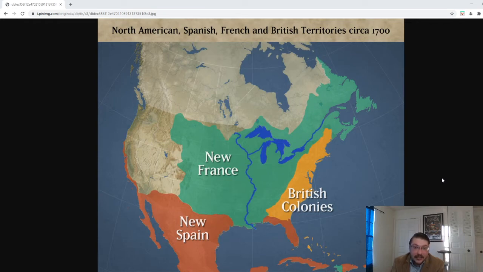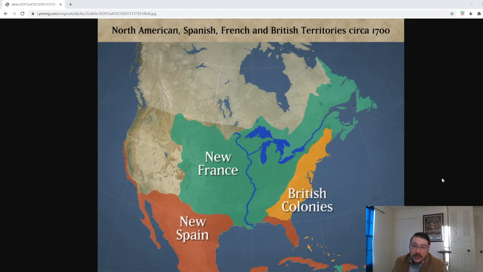And they also were keen on controlling any of the upstream rivers to ensure that they could trade goods from the Caribbean to Canada without having to go around the British colonies, which we'll get to in a second.